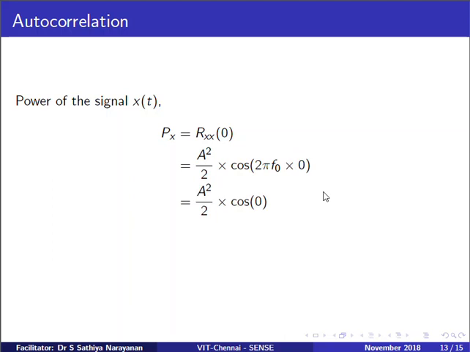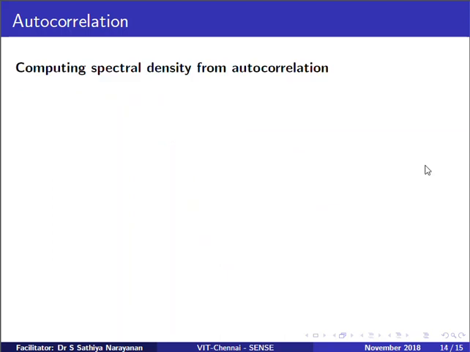Therefore, the power of the signal x of t equal to A sin 2 pi f naught t is A square by 2. Then the next thing we'll be seeing is computing spectral density from autocorrelation.